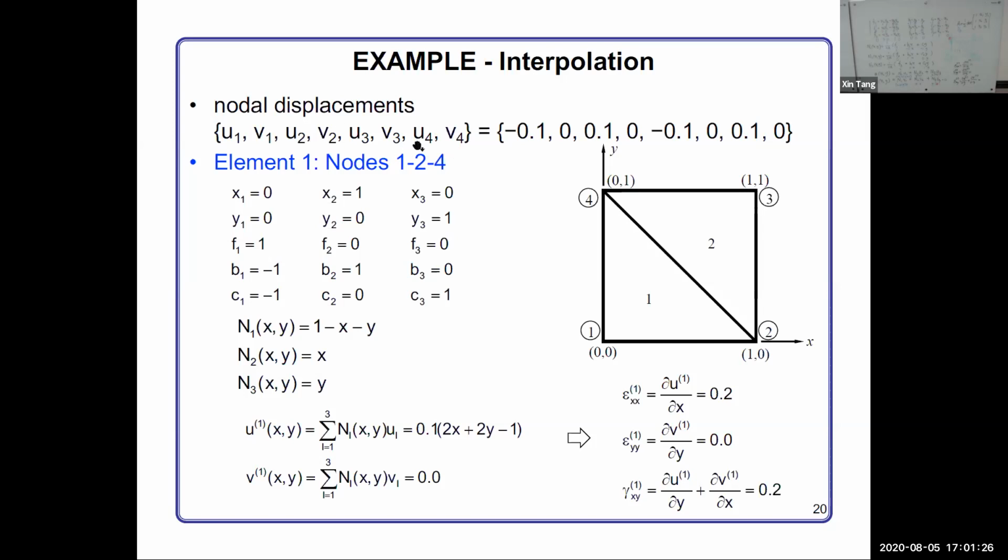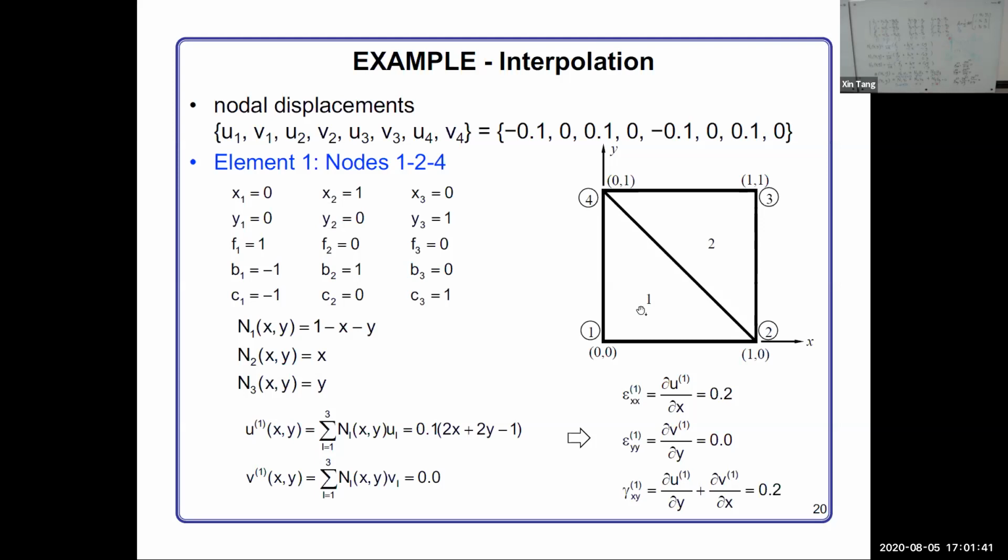So let's do an example together. Here is one example. This one has 2 elements. The 2 triangles together form a square.